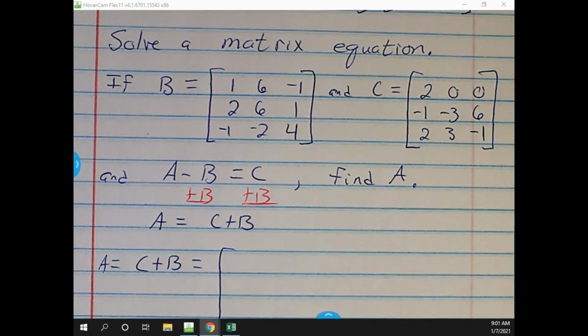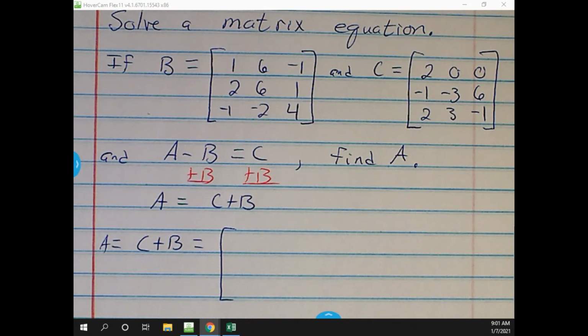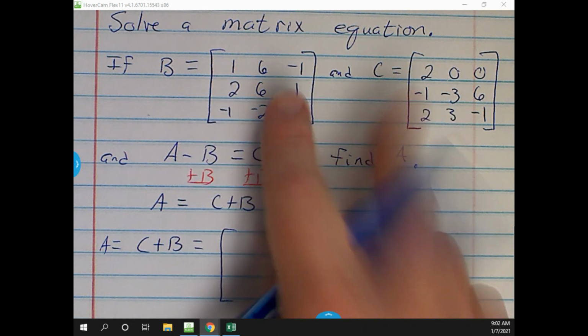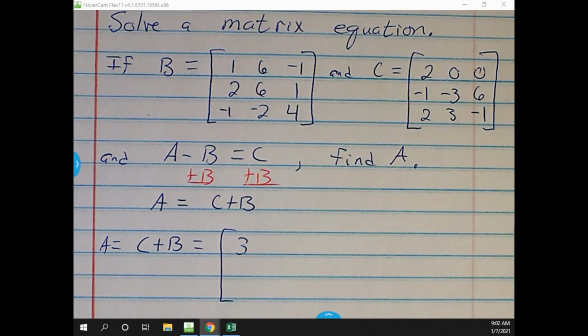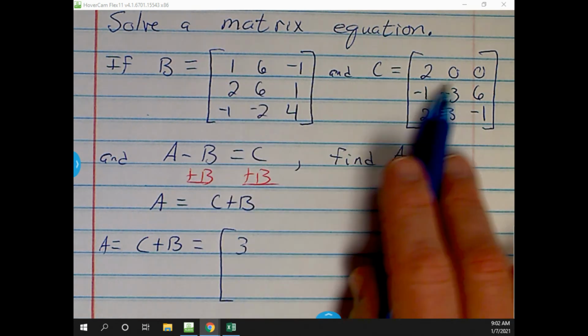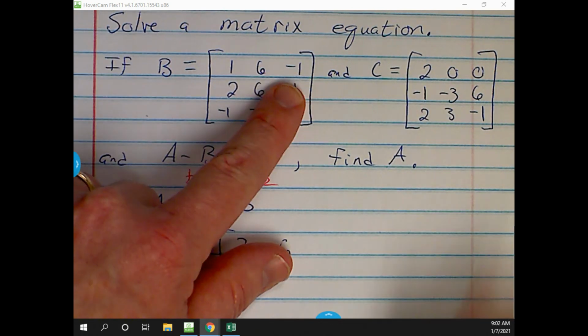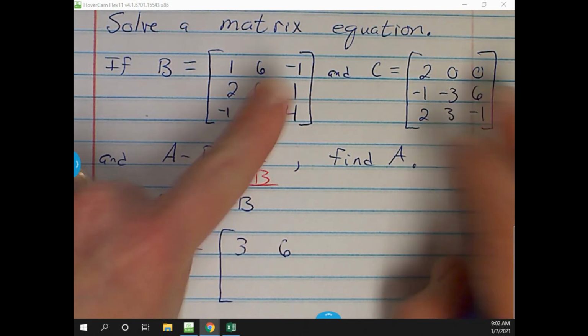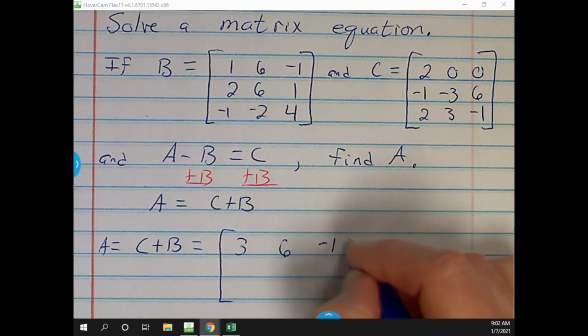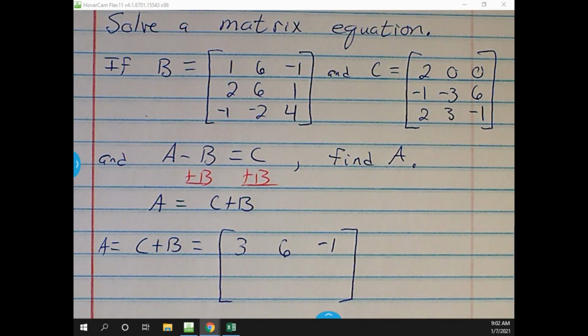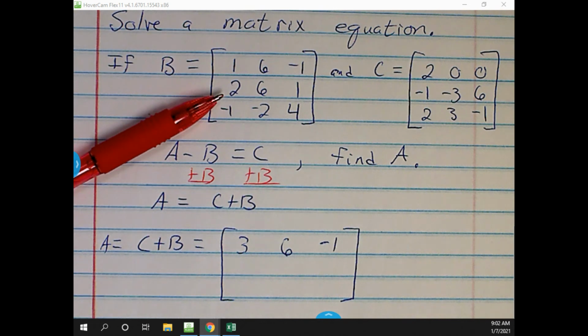And this is one just to save us a little bit of time. We'll just kind of add it together here. So it's 1 plus 2, which is 3. It's 6 plus 0, which is 6. It's -1 plus 0, which is -1. Okay, and then we'll go into the second row.